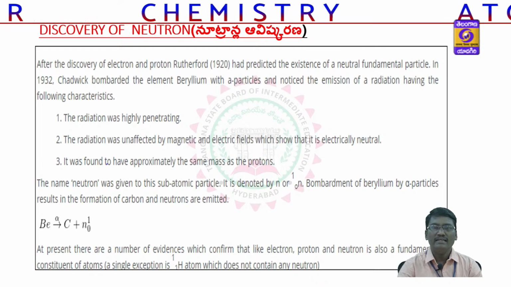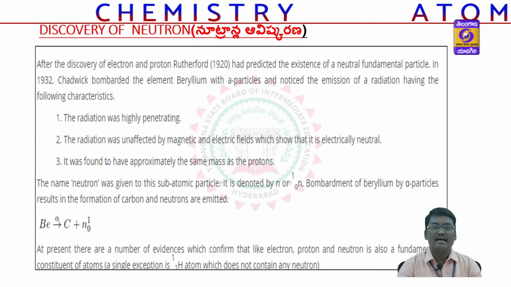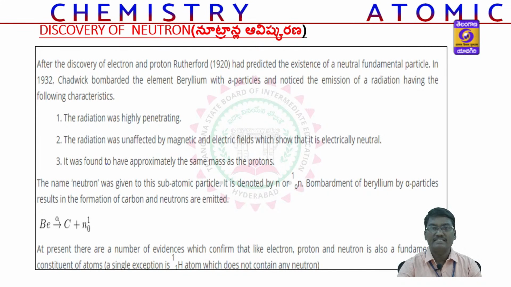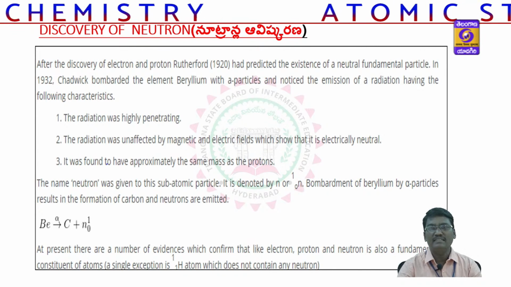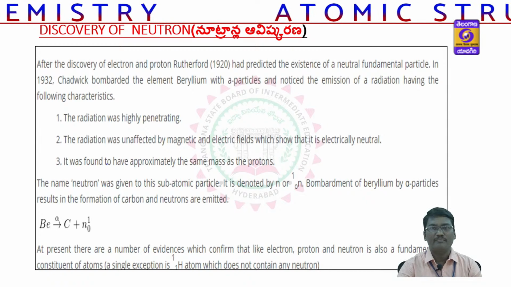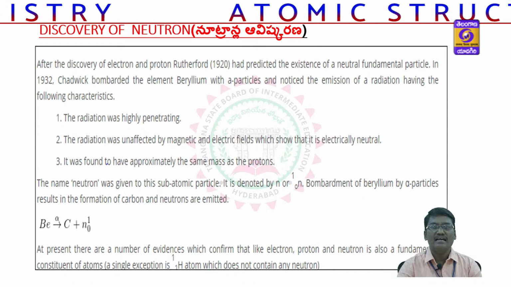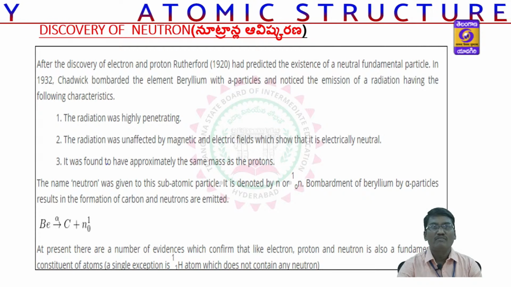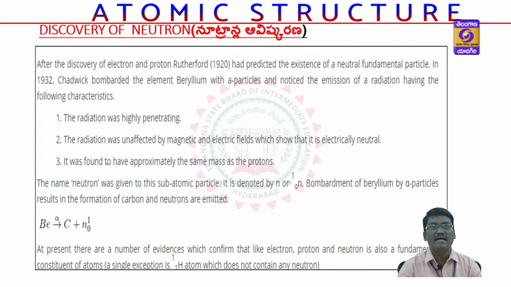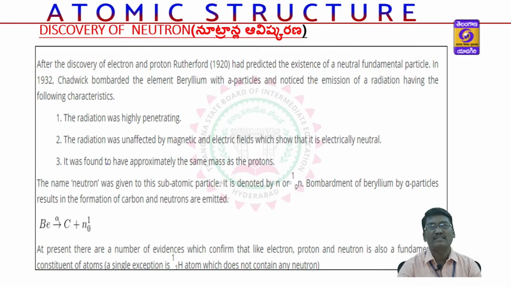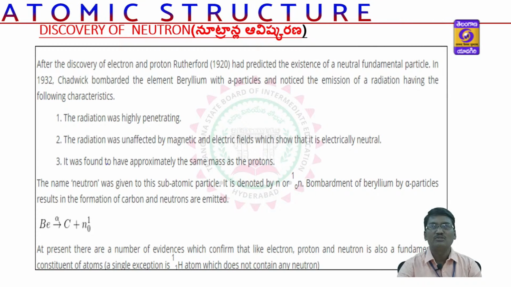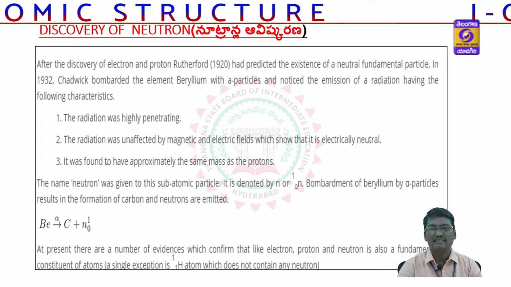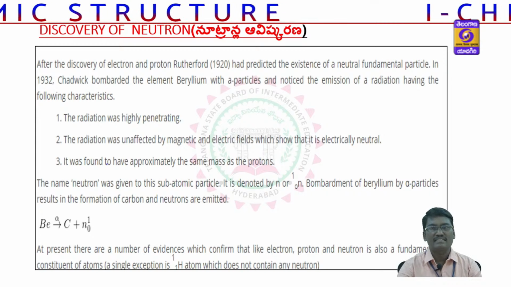The first point: the radiations are highly penetrating. The radiations are unaffected by magnetic and electric fields, which shows that these particles have no charge. Electrically neutral, we can say.